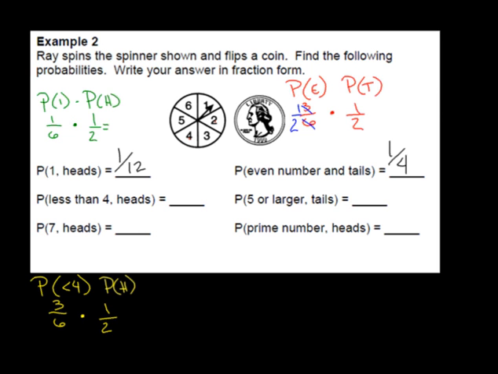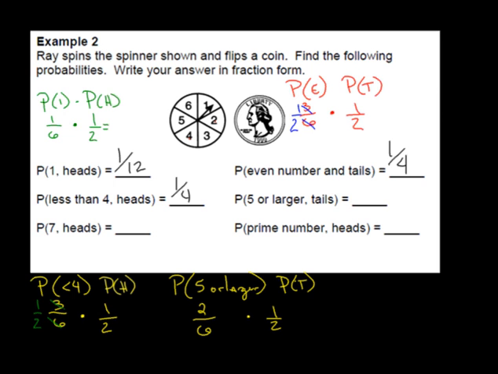Remember, 3 over 6 reduces to 1/2, which would again be 1/4 once we multiply. My next one says the probability of 5 or larger and tails. There are two numbers that are 5 or larger, a 5 and a 6, so that'll be 2 out of 6 times the probability of tails.